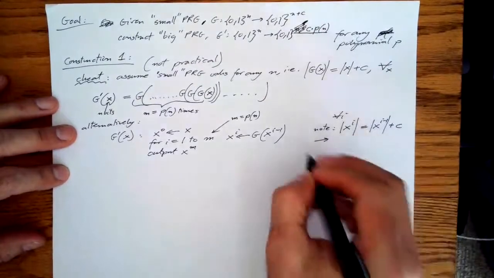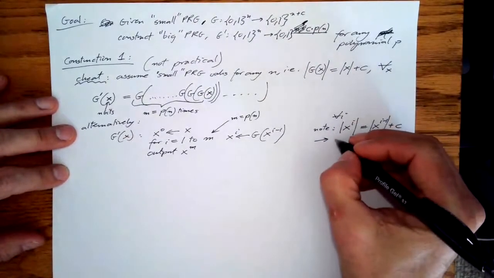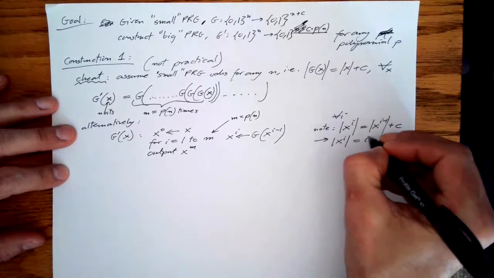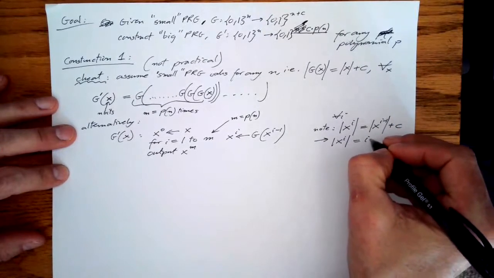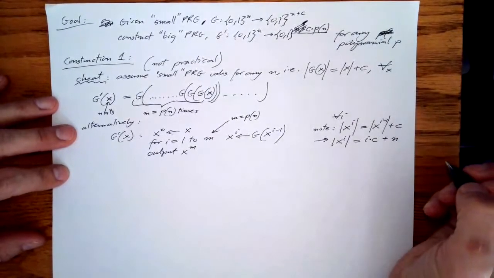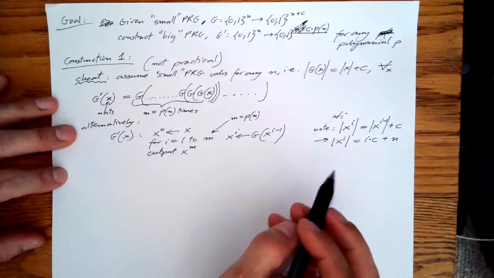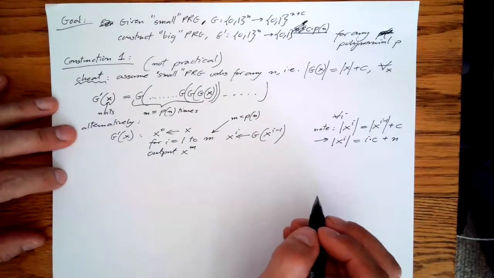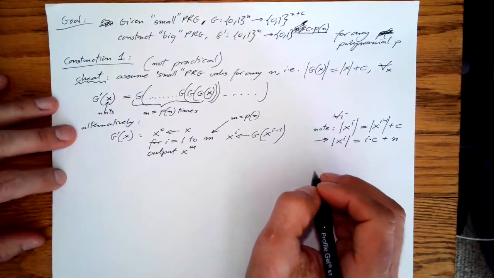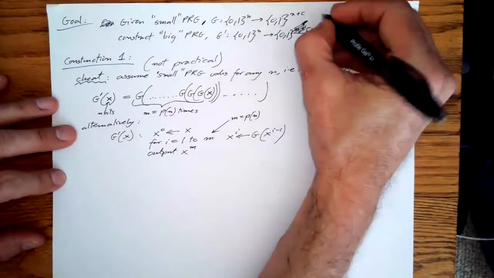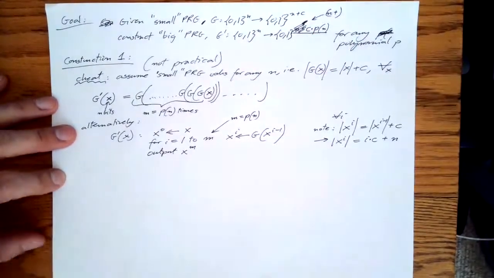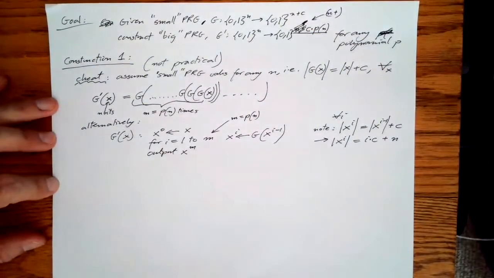So by induction, you get that this x_i is just i times c plus n. Oh, I guess I do output n here. Okay, fine. Sorry. n plus.